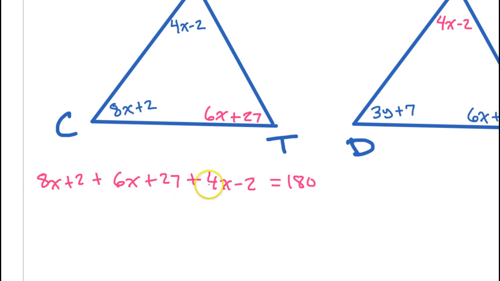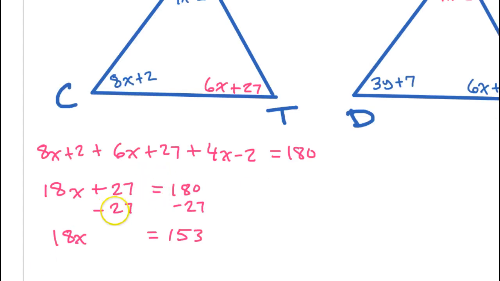Let's see, 6 and 4 is 10, plus 8 is 18. So I've got 18x. I see a positive 2 and a negative 2, so those cancel each other out. And then I've got the 27. So that equals 180.